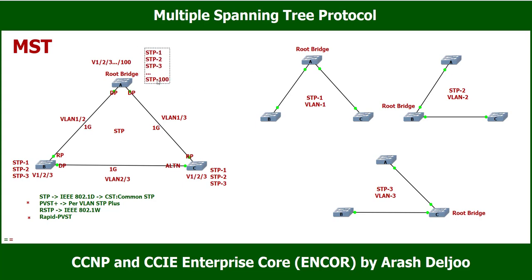What does it mean? It means that now we have 100 STP instances. 100 STP instances mean 100 series of BPDUs, 100 processes, 100, for example, bandwidth usage of the link, and memory usage. And you know that when we are increasing the number of VLANs, this resource usage is increasing.